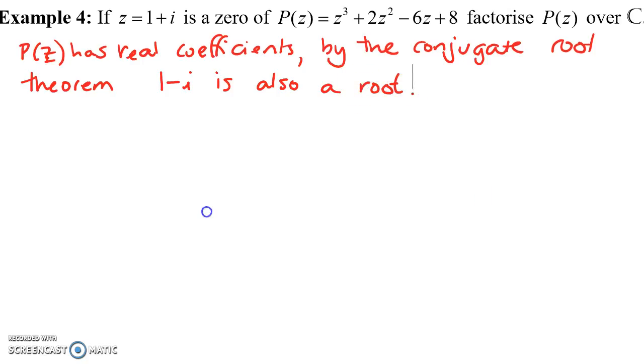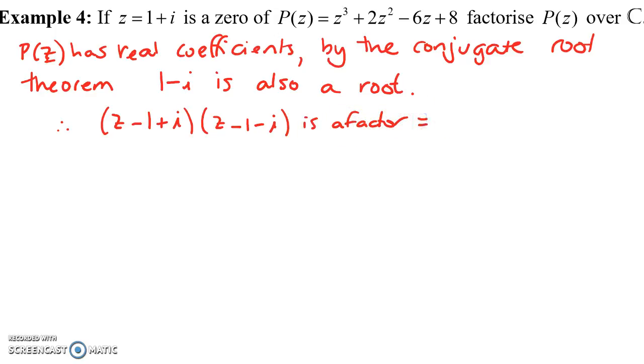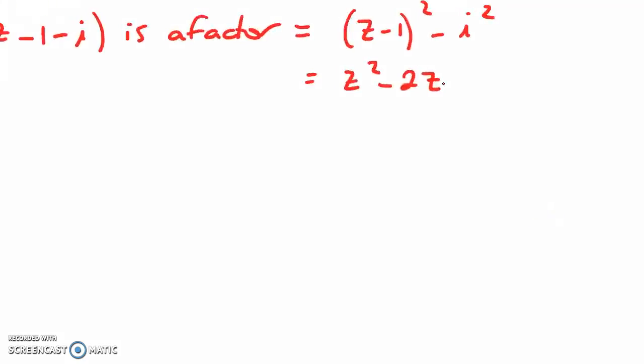So that means z minus 1 plus i and z minus 1 minus i are both factors. So multiplied together, they're a factor. And so that is equal to z minus 1 squared minus i squared, which is equal to z squared minus 2z plus 2.